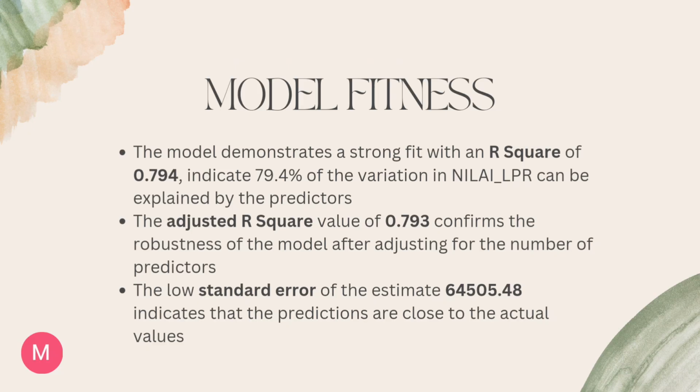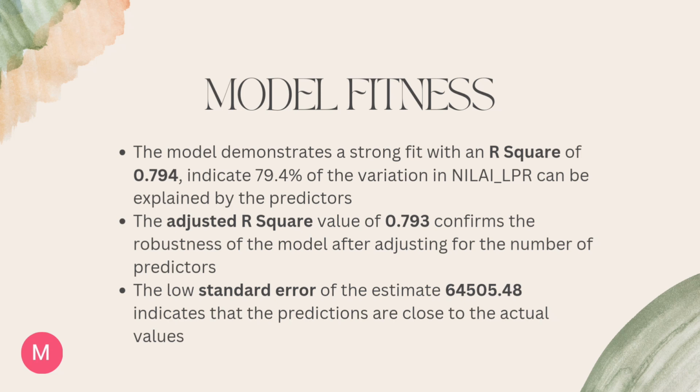Model fitness refers to how well the independent variables explain the variability in the dependent variable. In this case, the model demonstrates a strong fit, and the R square is 0.794, indicating that 79.4% of the variation in nilai LPR can be explained by the predictors.